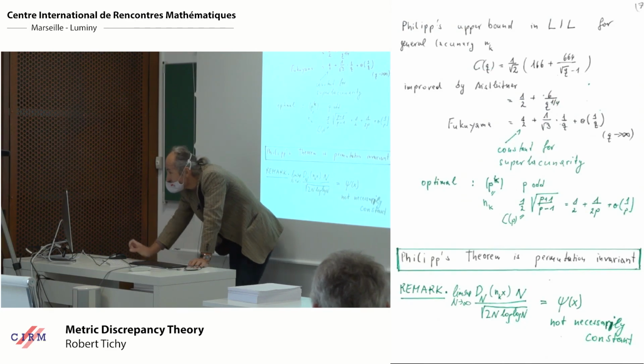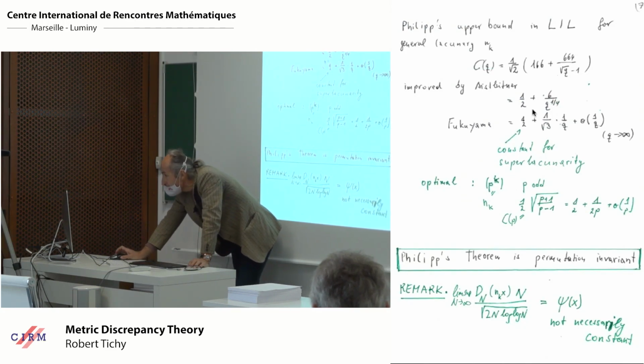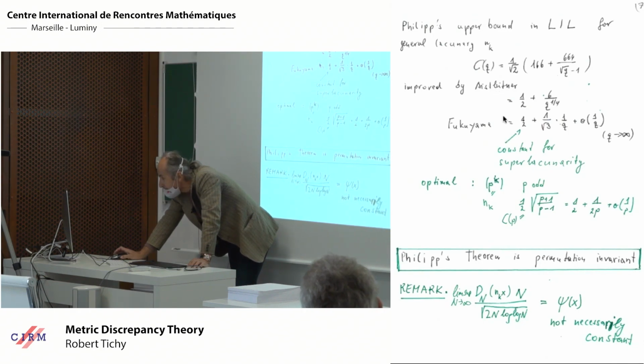And you see here, furthermore, this work, which is mainly due to Christoph Aistleitner, showed that the value of C_q, this upper bound in Philipp's result I mentioned before, can be made explicit, and very nicely as far as the dependence on q is concerned.